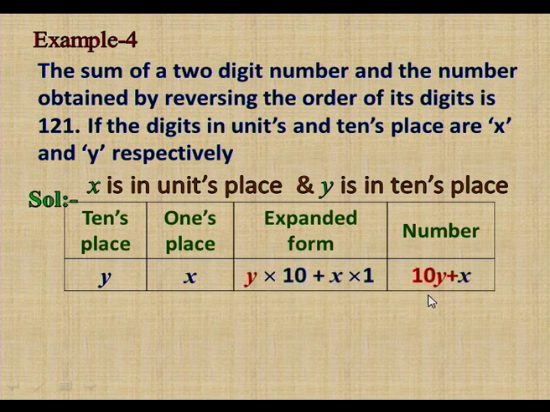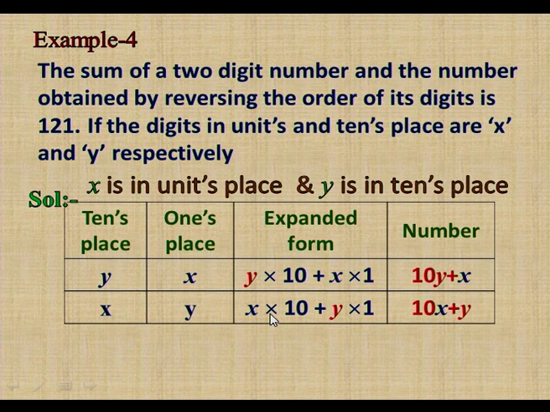Now, what you are going to get? y into 10 plus x into 1, that is 10y plus x. Suppose if I interchange, what happens? Same thing, x became y, y became x, x into 10 plus y into 1, you are going to get 10x plus y.